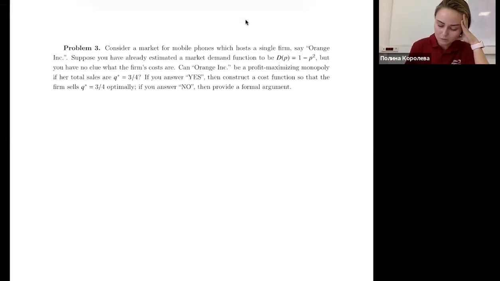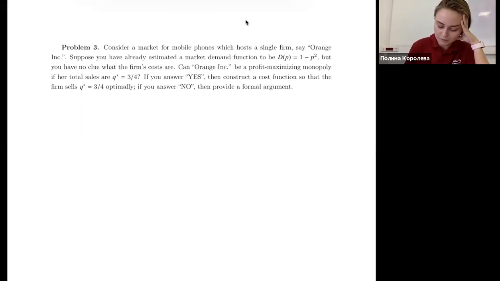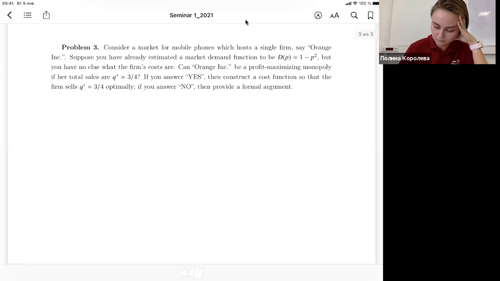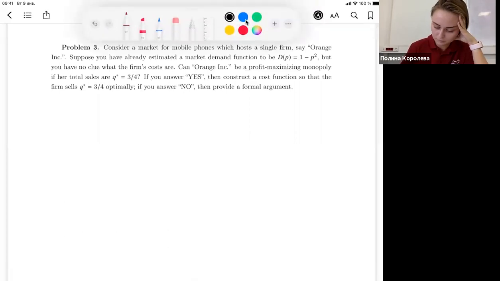So, what do we know about a profit maximizing monopoly? A profit maximizing monopoly maximizes the profit.